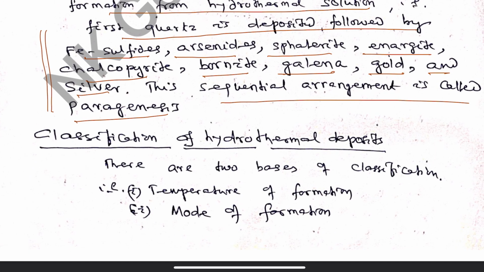Let us discuss the classification of the hydrothermal deposits. The hydrothermal deposits are classified on the basis of the temperature of formation or on the basis of the mode of formation of the deposit.